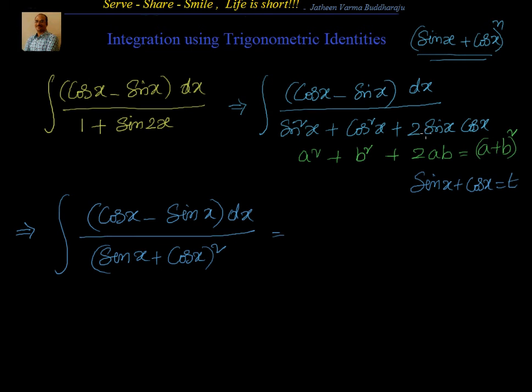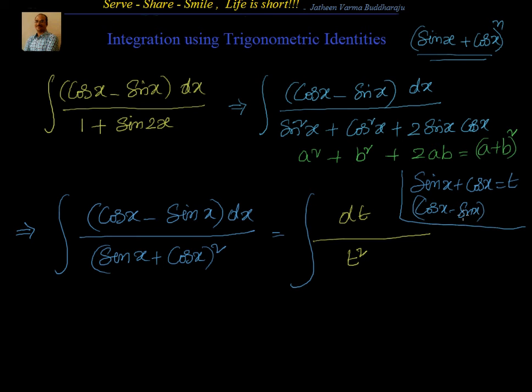We thought about that, that's why we took this. So my next step will be integral of dt divided by sin x plus cos x whole square, which is t square. If you need one more step here, I can write cos x minus sin x into dx equal to dt. So it will become dt by t square.